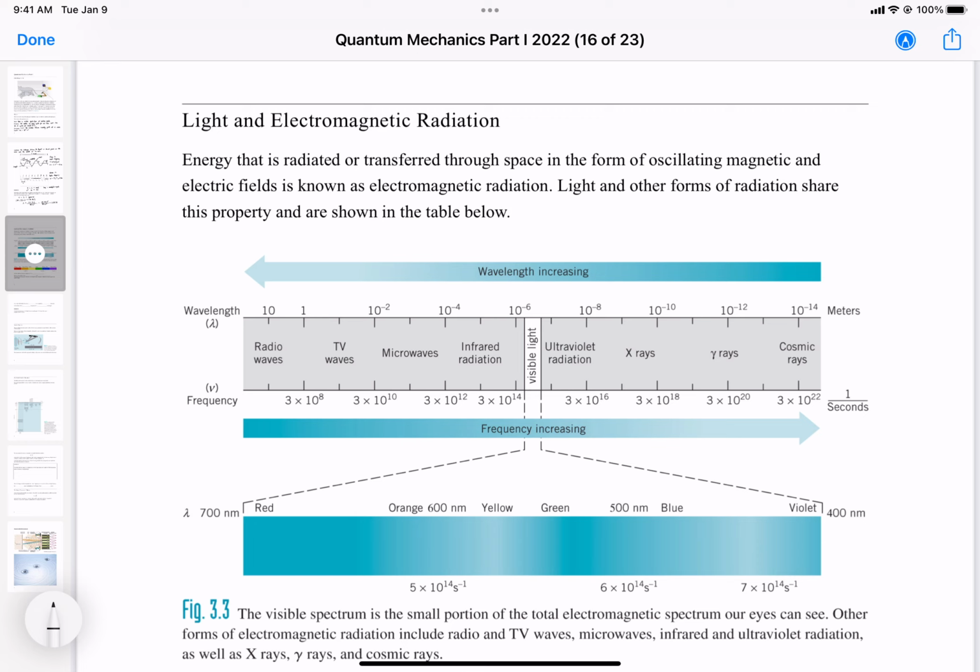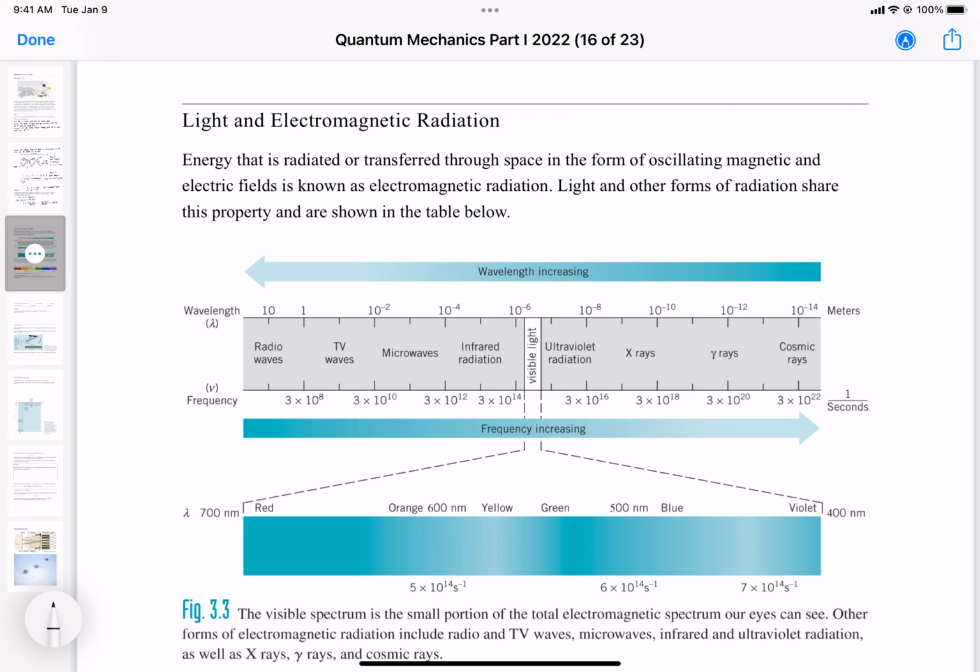Okay, so pretty much any source of light or source of energy in the world can exist in space, and they emit electromagnetic radiation.